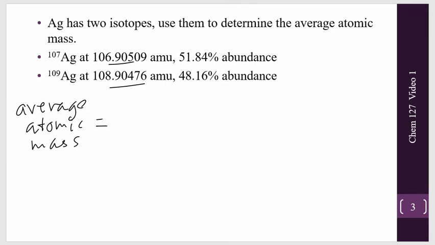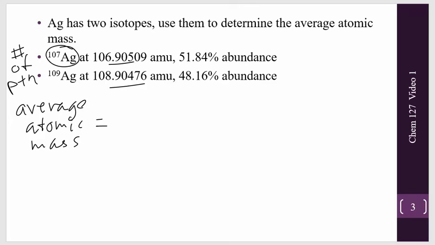You can see that the mass number in the atomic symbol is 107, but then the AMU is 106.9, just shy of 107. The atomic symbol is based on the number of protons and neutrons, but each proton and neutron isn't exactly one AMU. So we get some number of AMU that's just slightly away from the actual number of protons and neutrons. This information, the AMUs, will actually be provided.